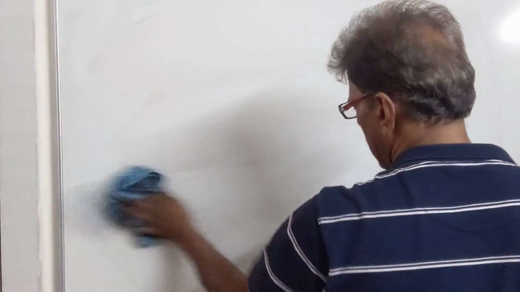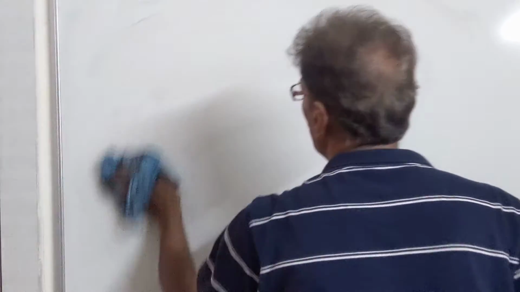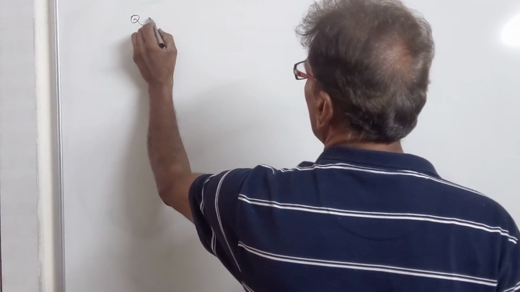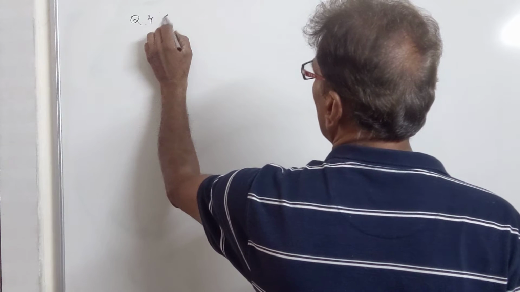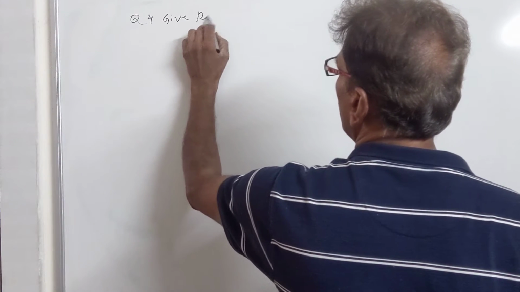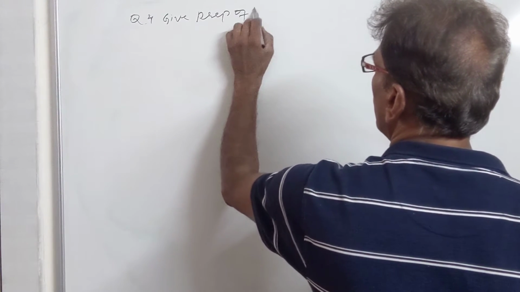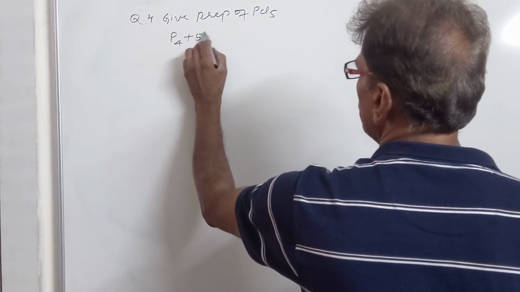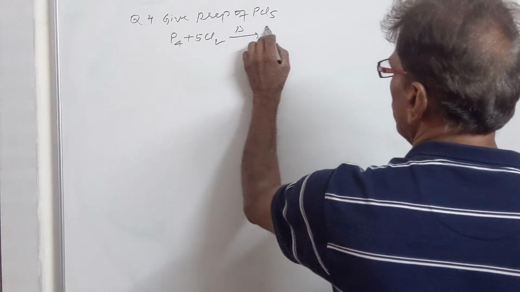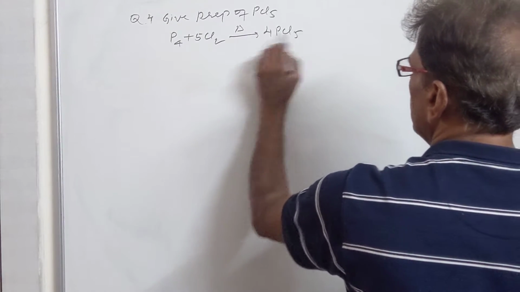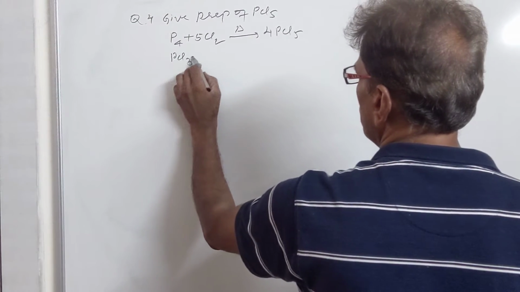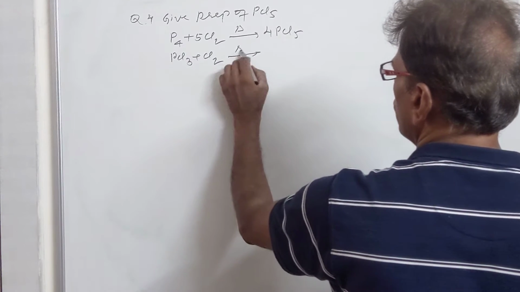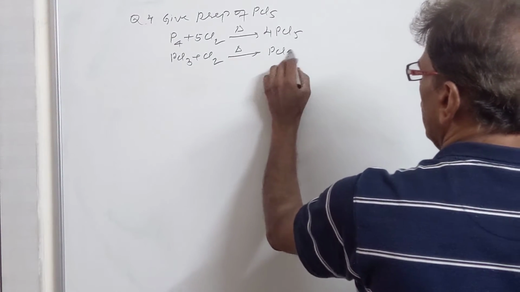So we can get PCl5 by both methods. P4 can combine with 5Cl2 to give you 4PCl5. PCl3 when combines with Cl2 it will also give you PCl5.